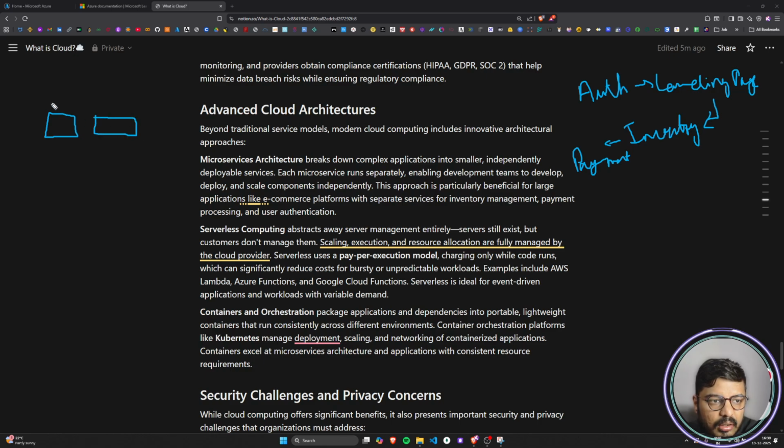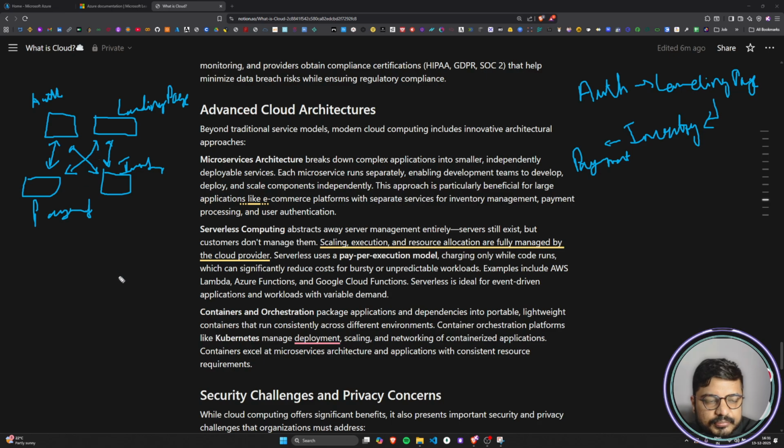We will host this auth module on a separate server, landing page on a separate server, this inventory thing on a separate server, right? And this payments thing on a separate server. And these servers will be communicating with each other. Okay, they will not be anonymous, they will be communicating with each other.